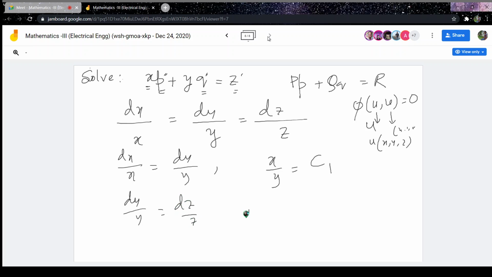So it will be y by z is equal to c2. Hope you have followed the method.